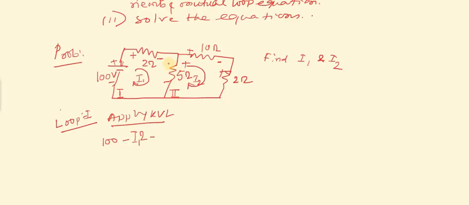When we are leaving, it will be a negative value. In this branch, this current is entering in this direction and the other current in that direction, so the difference of these two currents multiplied by this resistance will be the drop. So the difference is I1 minus I2 into the resistance.